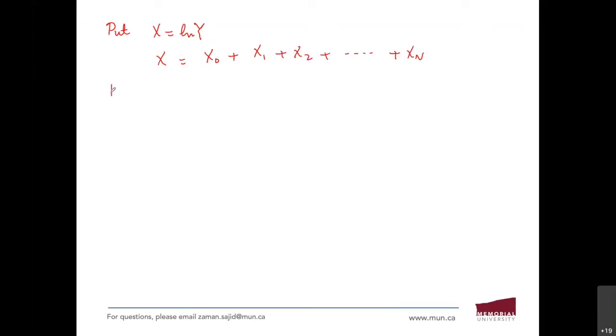Now for large values of n, our x will follow the normal distribution.